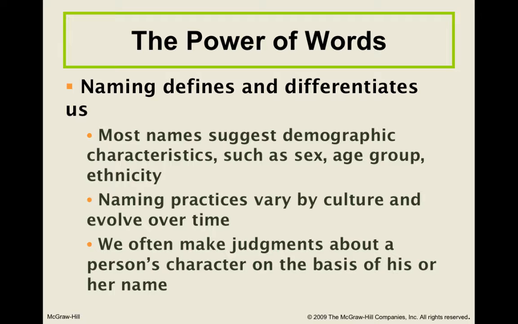We also tend to apply certain characteristics to a person based on their name. We assume, without seeing them, that Jennifer is more attractive than Ethel, or William is more mature than Billy. Now, those things may not be the case, but it is an assumption based on their name.